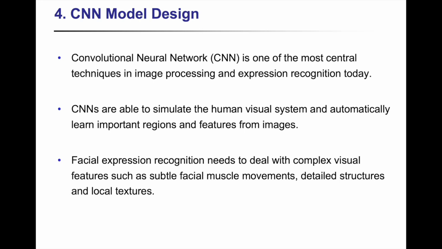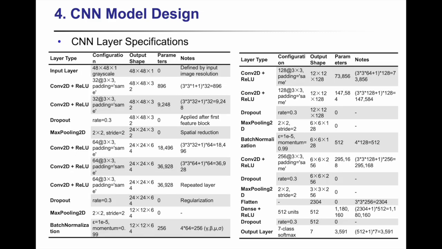Facial expression recognition needs to deal with complex visual features such as subtle facial muscle movements, detailed structures, and local textures. You can see all the layers in my project.